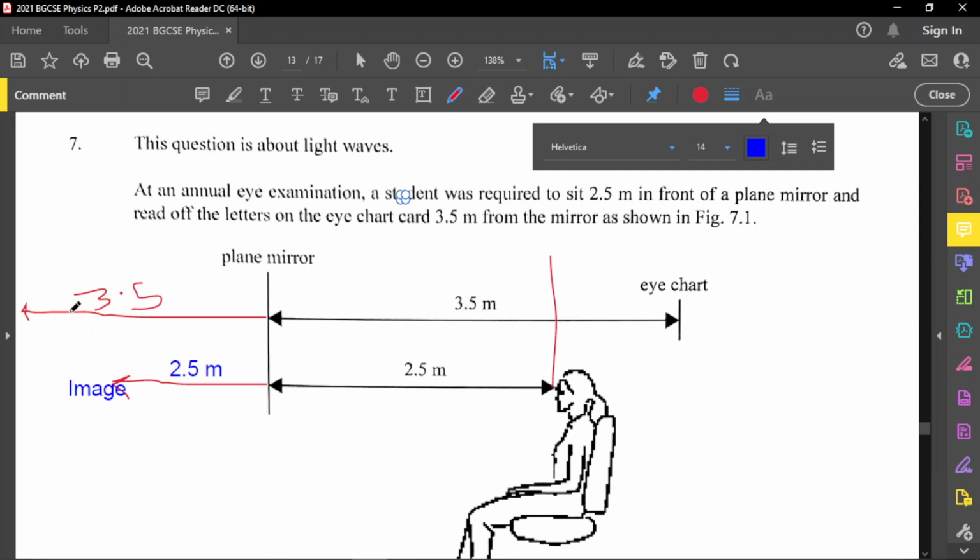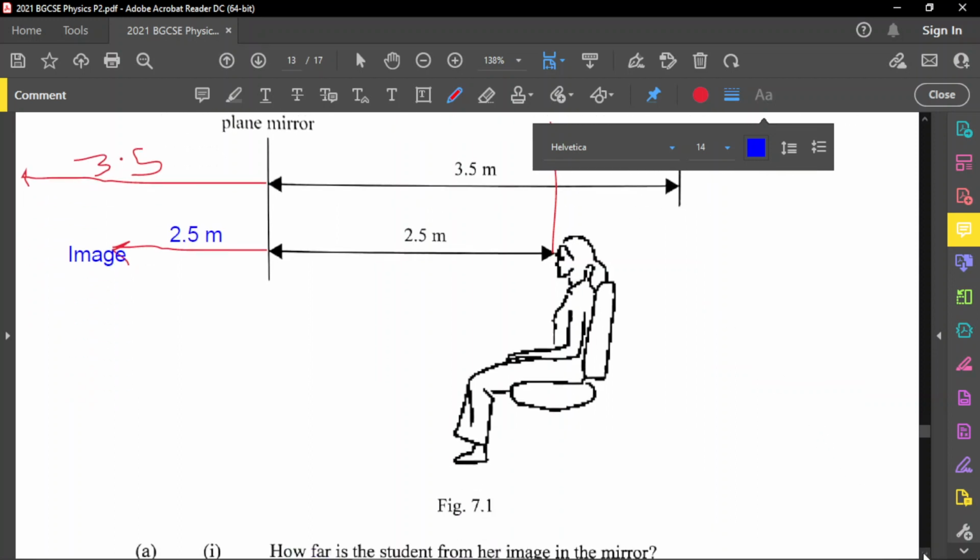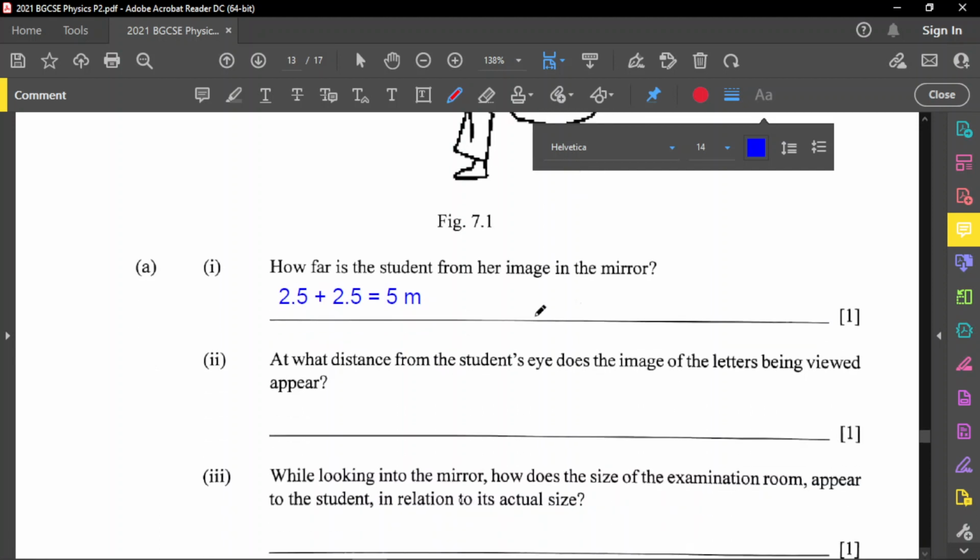That's how far she is from the image of the letter. So the image distance of the letters, 3.5, plus her distance, which is 2.5, gives a total of 6 meters.